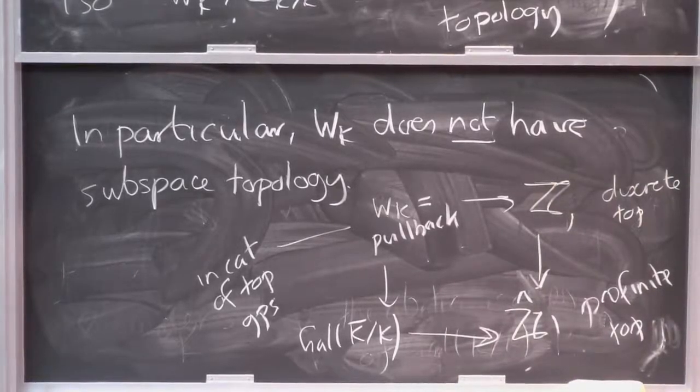So it turns out that local class field theory tells us what. So maybe I should just say, what's an abelianization here?